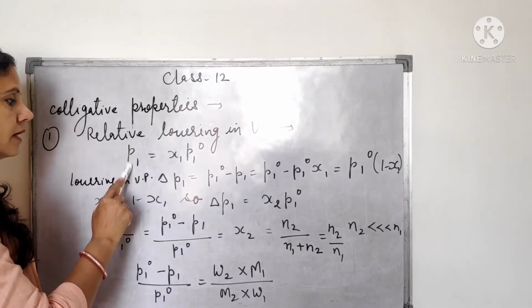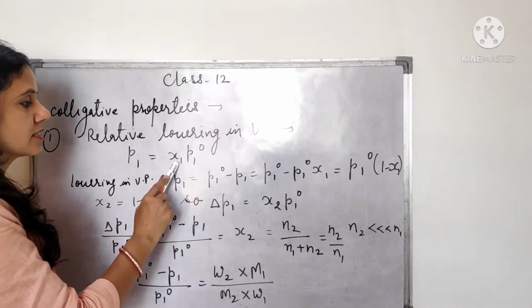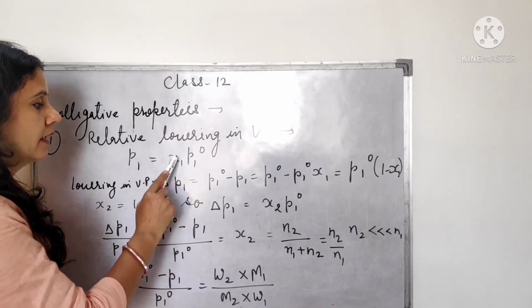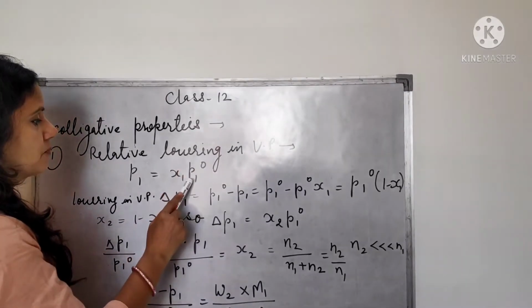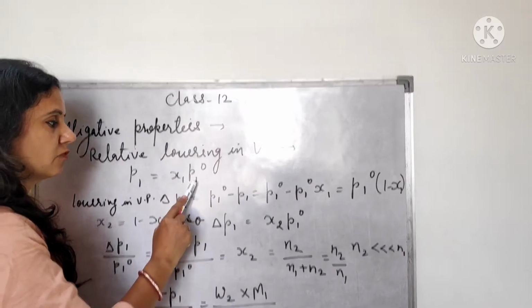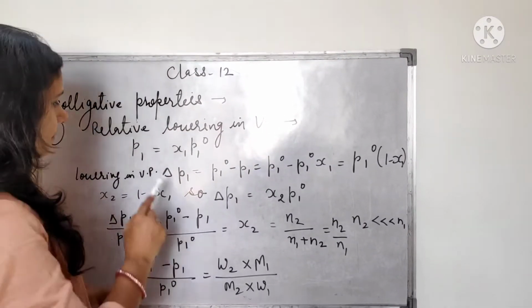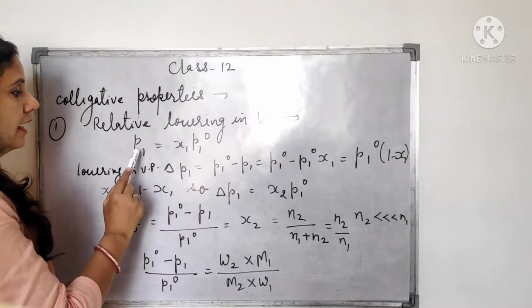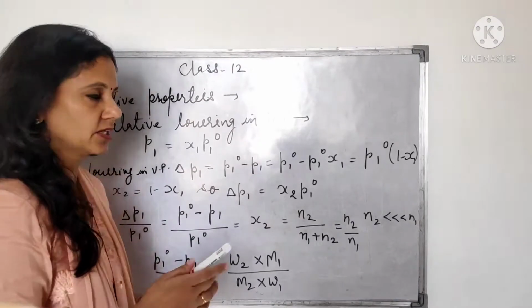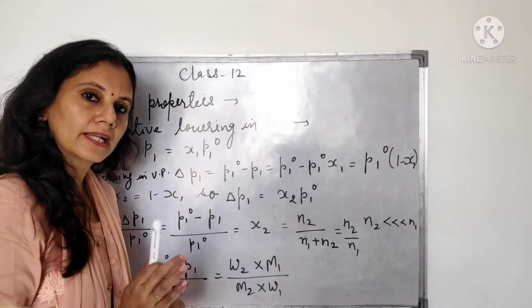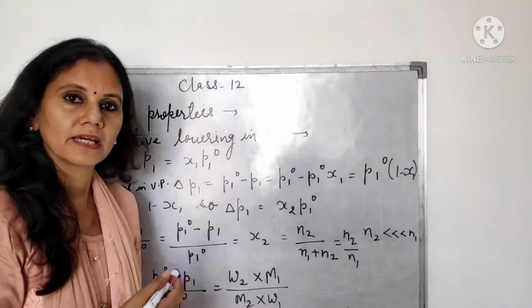P1 is the vapor pressure of the solution, X1 is the mole fraction of the solvent, and P1 naught is the vapor pressure of pure solvent. Subscript 1 is denoted for the solvent, and X is known as the mole fraction. So according to Raoult's law, what was there?